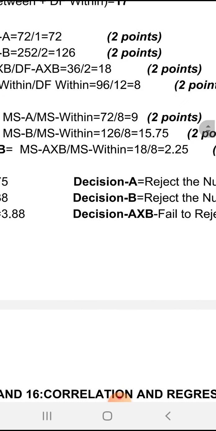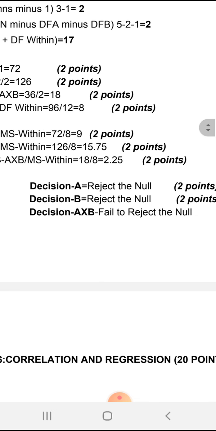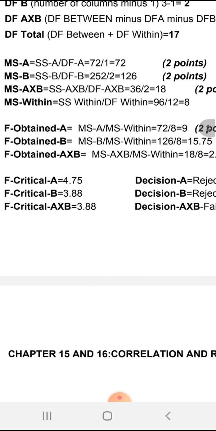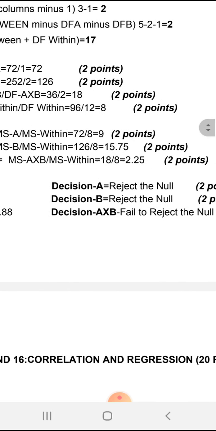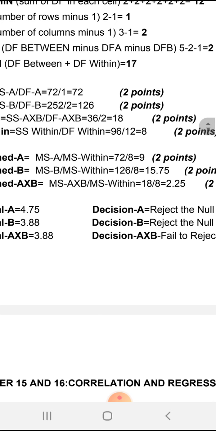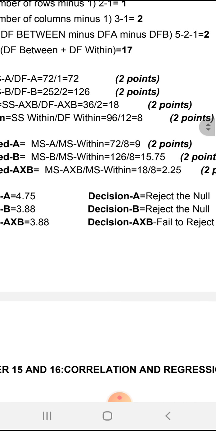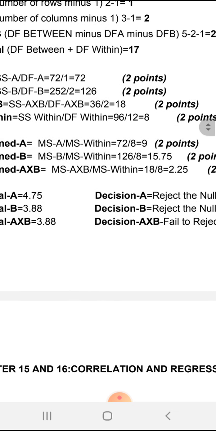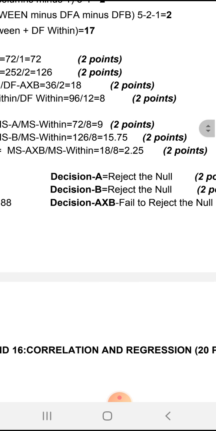So now the decisions on the null. We're just going to compare each critical to each obtained, and if the obtained is larger than the critical, we reject the null. In this case, 9 is greater than 4.75, so decision A, reject the null. 15.75 is greater than 3.88, we reject the null.